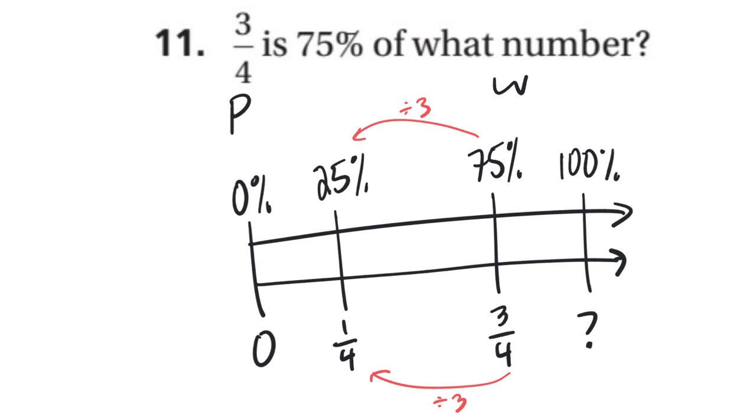Multiplying by 4, 25 times 4 is 100%. So 1/4 times 4 is 4/4, and 4/4 equals one whole.